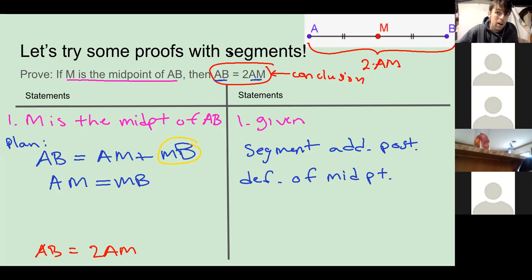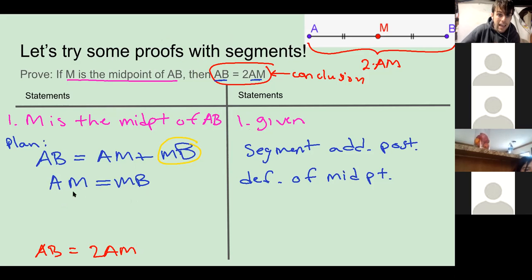Now, keeping in mind our goal, remember our goal was to write this equation right here, AB is equal to 2AM. I have this equal relationship, and it allows me to make a substitution. Anywhere that I have AM or MB, I could replace it with the other one. So that's going to let us get rid of MB altogether.